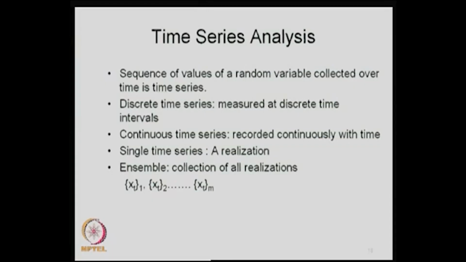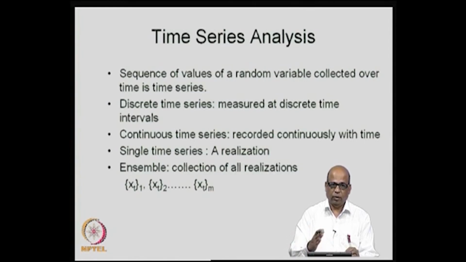So, what do we mean by time series? A time series is a sequence of values of a random variable collected over time. Let us say you are talking about stream flows. A stream flow time series is a set of observed values of stream flows across time. Let us say over the last 50 years, every month we have observed the value of stream flow; this sequence of monthly flows observed over the last 50 years constitutes a time series.